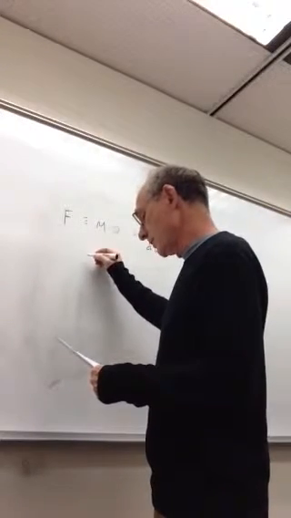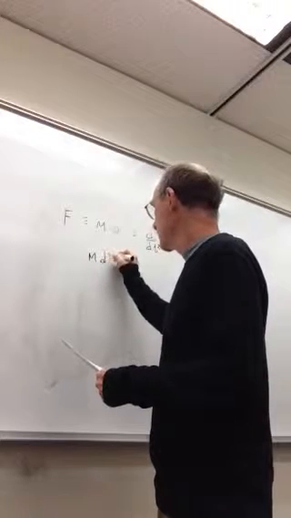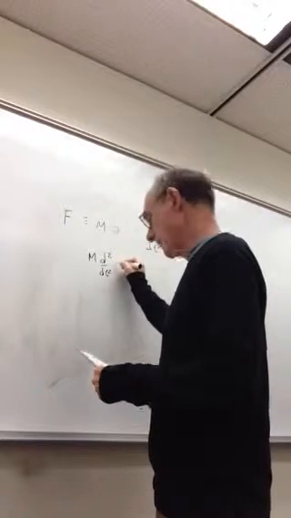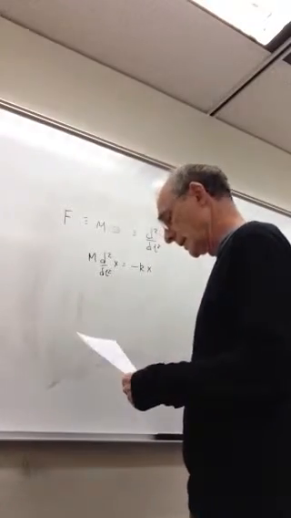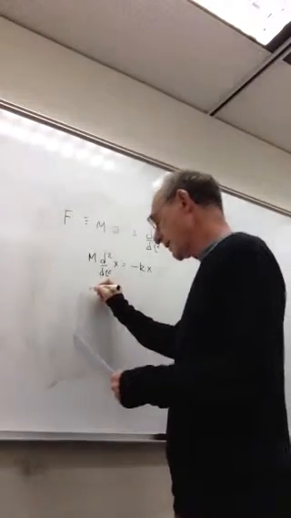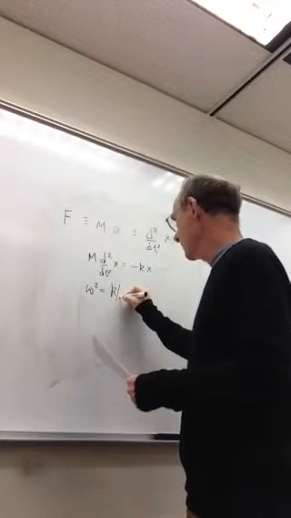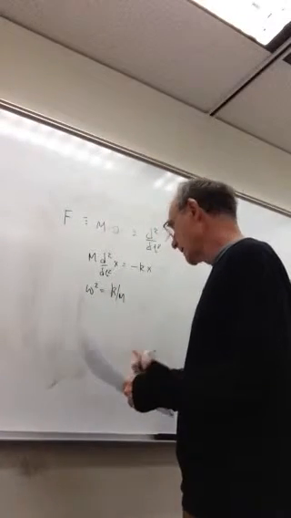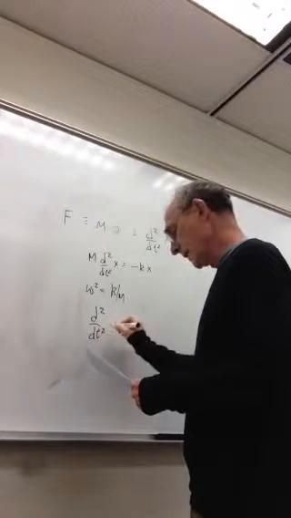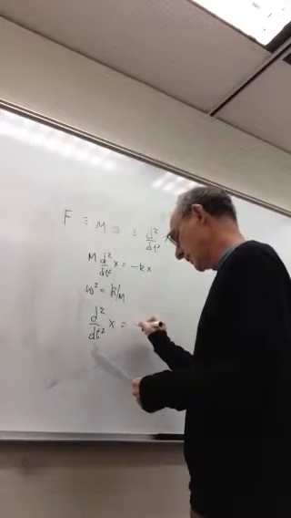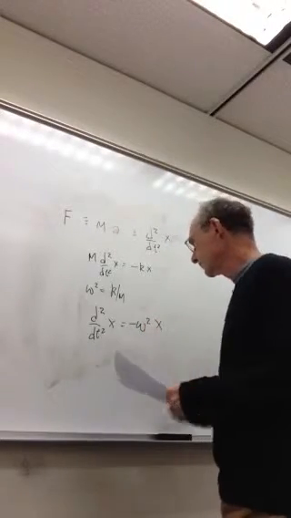So using the equation from before, you have m d squared x over dt squared is equal to minus kx. And if we define omega squared is equal to k over m, then d squared x over dt squared is equal to minus omega squared x.